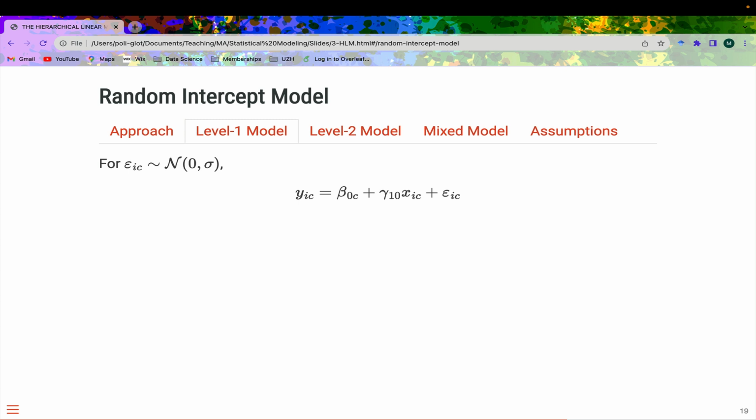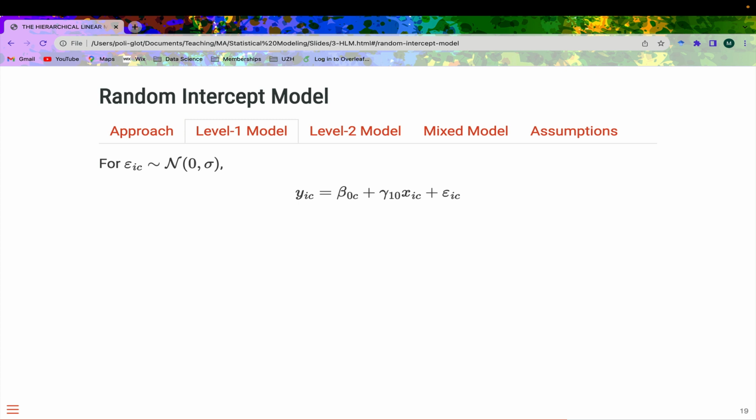So we're saying there's a beta 0c, that's an intercept, and because that has a subscript c, it means that the intercept is allowed to vary across countries. We have also an effect of political efficacy, which is our x ic in this model. But you notice that the coefficient associated with x ic is a gamma 10.